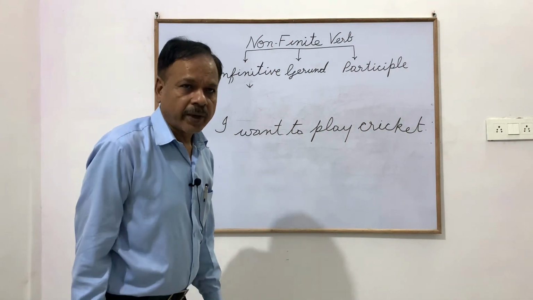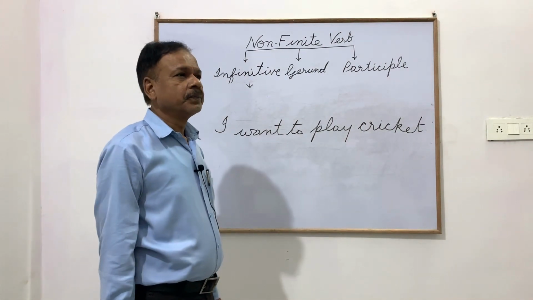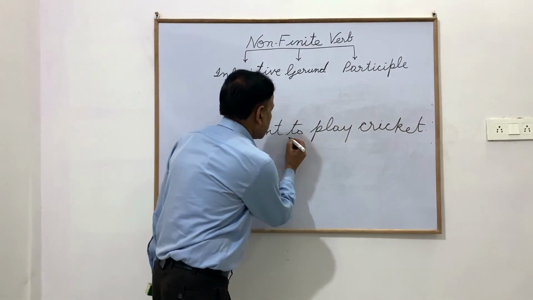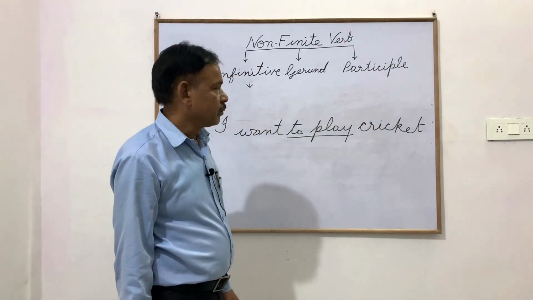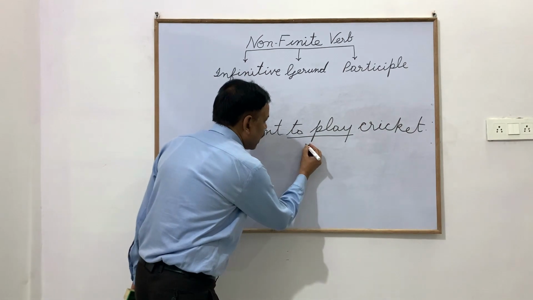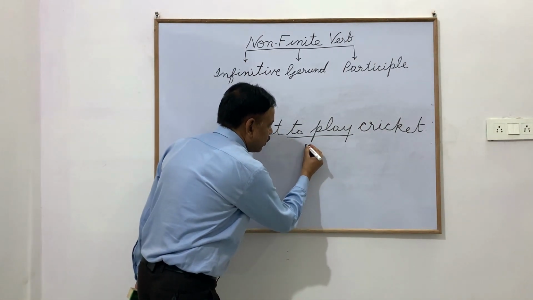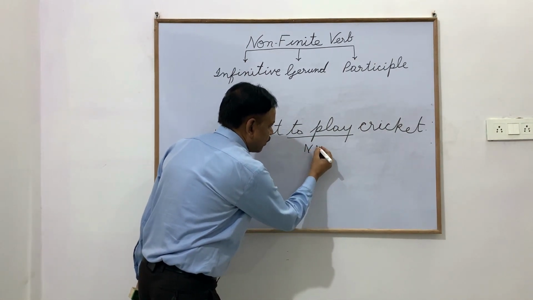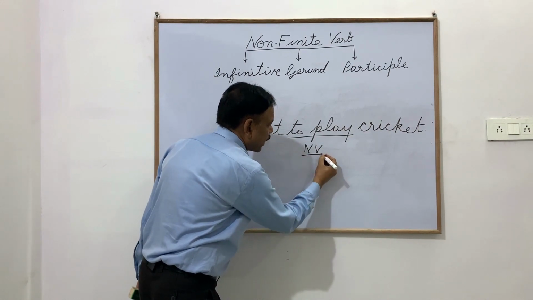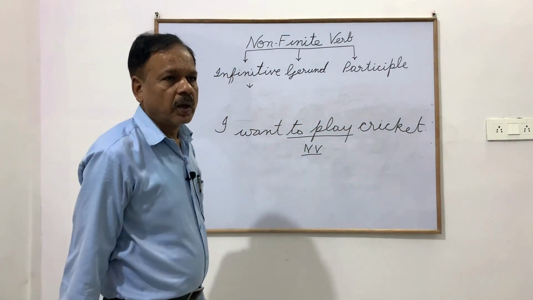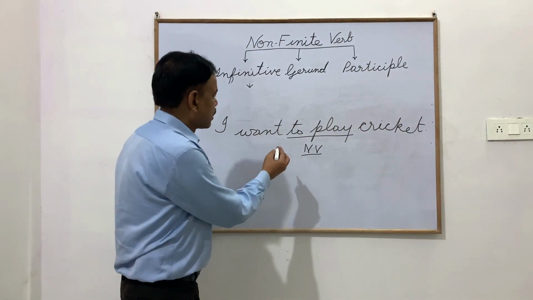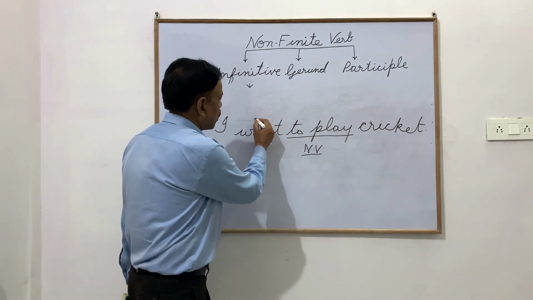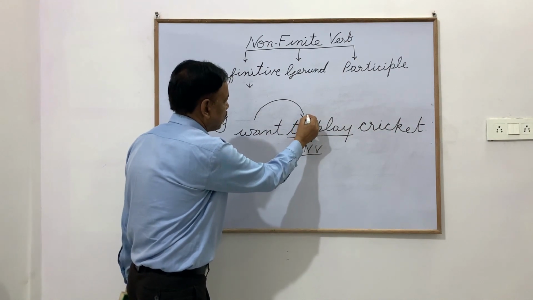I want to play cricket. Now you know it's an infinitive and it is a noun as well as a verb. Verbal noun, you can call it verbal noun. Now, it is an object of the verb want.